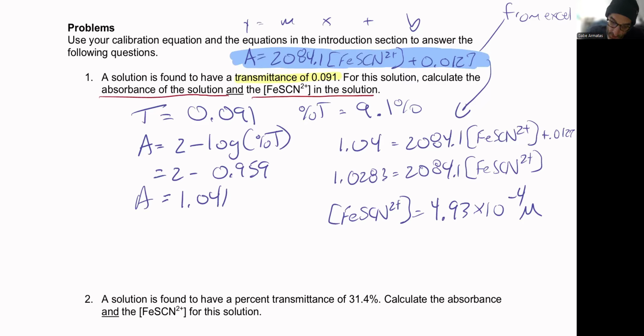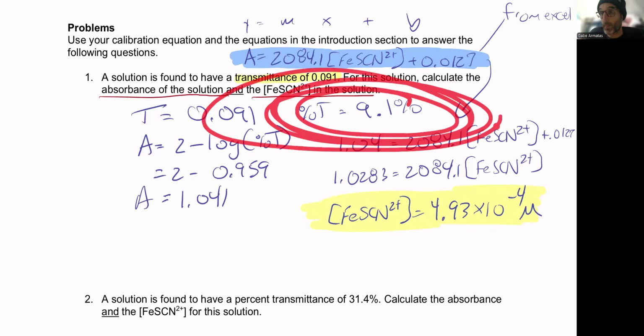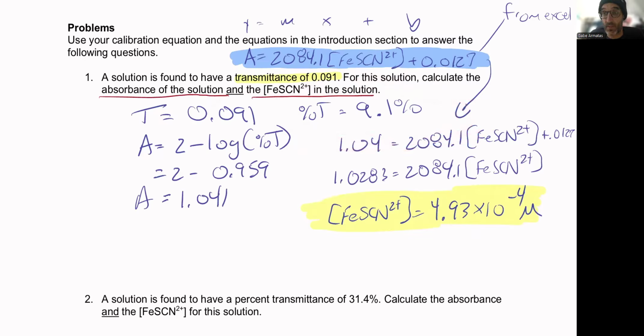So let's think about this. This is a very high absorbance, and that does make sense because my percent transmittance is very low. The percentage of light that actually transmitted was only 9.1%. 9.1% of the 100% of the light got through.